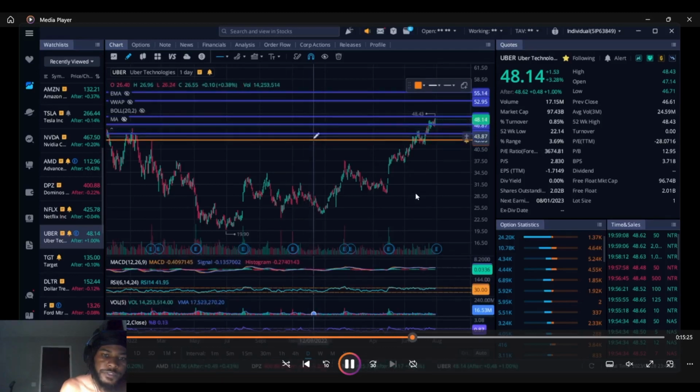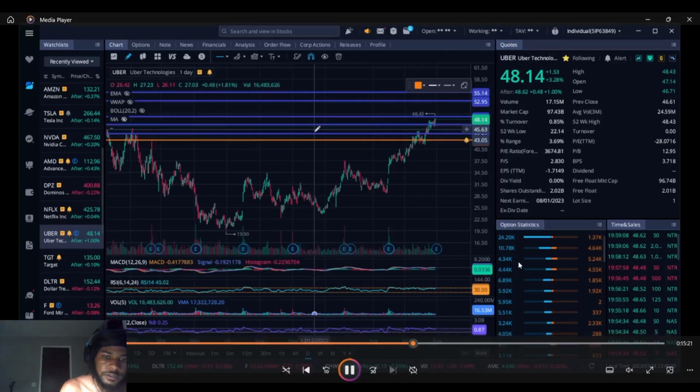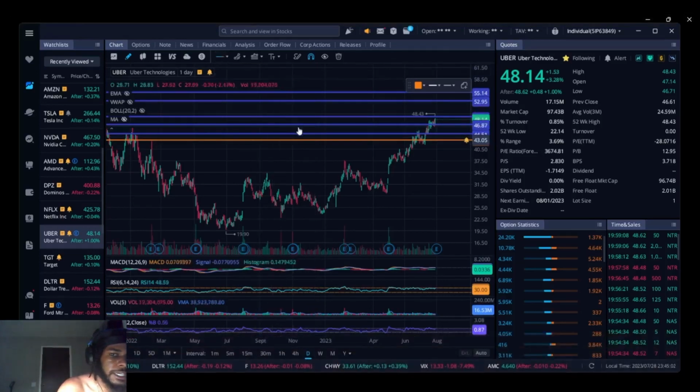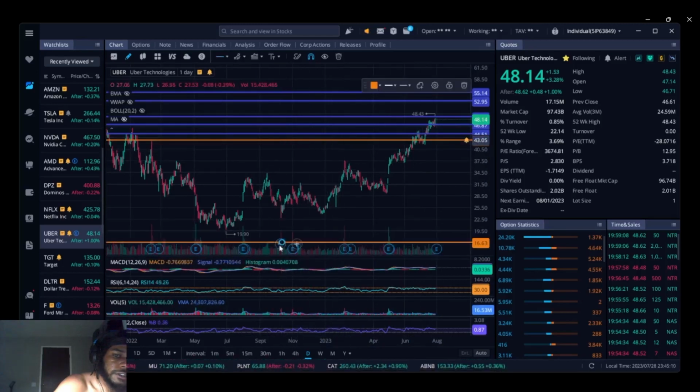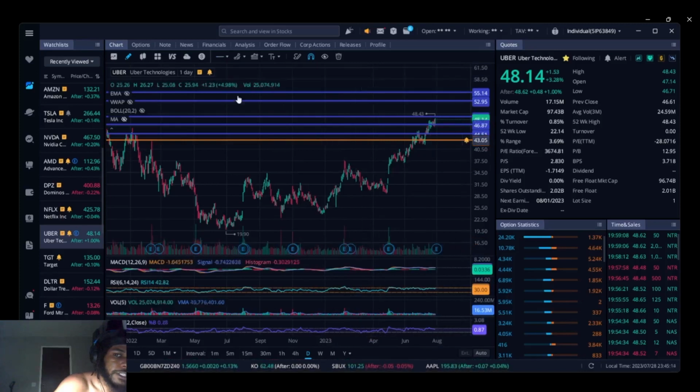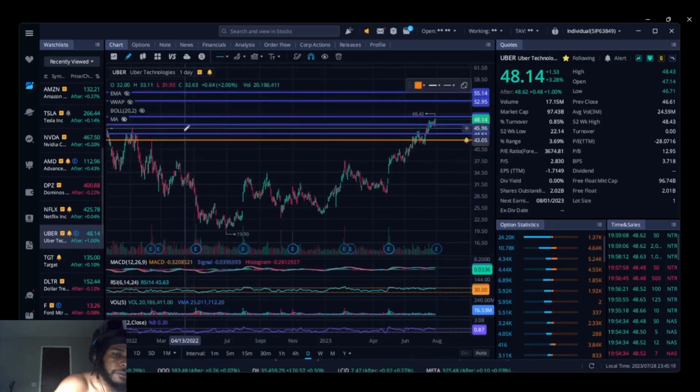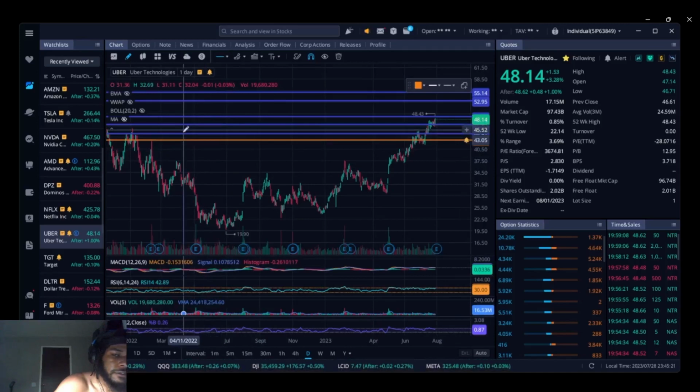Okay, now we're looking at the orange lines. Orange lines are going to be the daily. So remember, the further out the time frame is, the stronger the level is, meaning price will react a lot more at this level, if that makes sense.